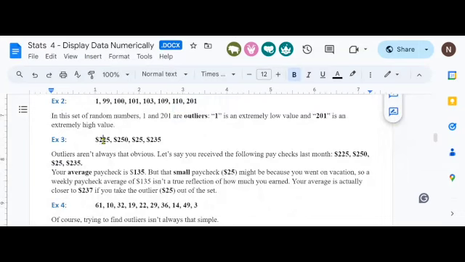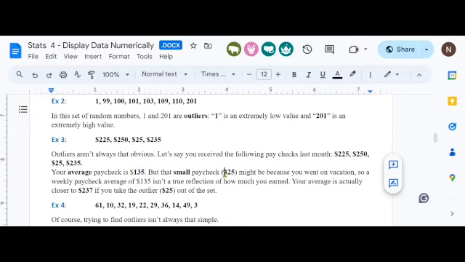Example number 3. 225, 250, 25, and 235. Which one will you consider an outlier? 25? Outliers aren't always that obvious. Let us say you receive the following paychecks last month: 225, 250, 25, and 235. Your average paycheck is what? 135.